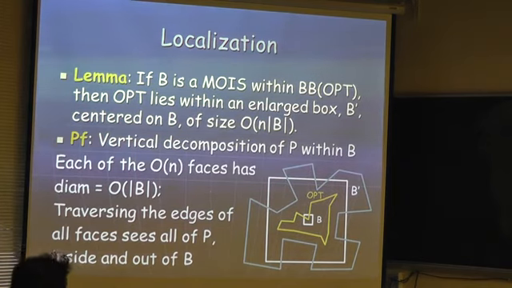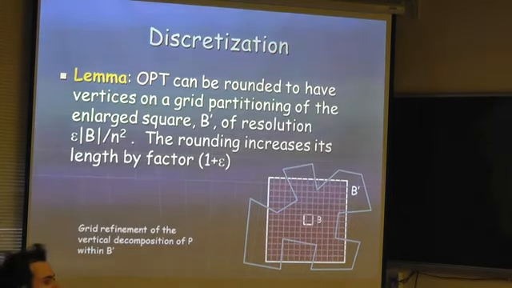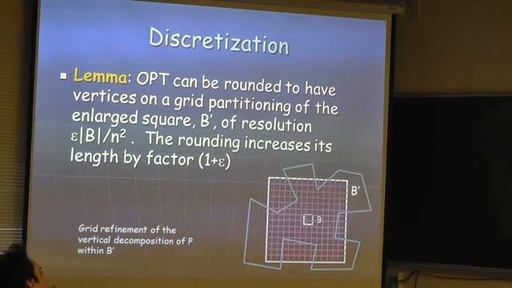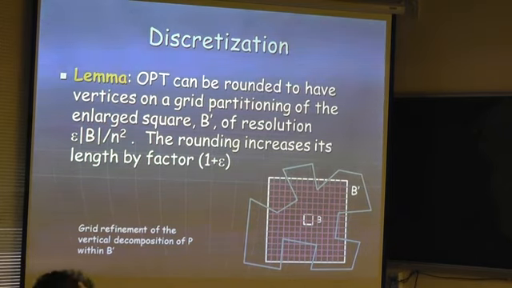And that uses a simple proof having to do with triangulation or vertical decomposition of the domain. Again, I see my time running out, so I'm just going to hit the highlights. It suffices, since I'm going to enumerate over all of these different discrete choices of minimal boxes, that the minimal box is the right one associated with opt. And associated with opt, there will always be a minimal box.